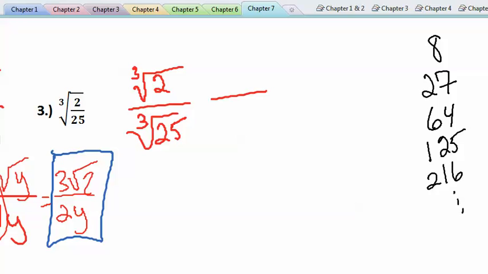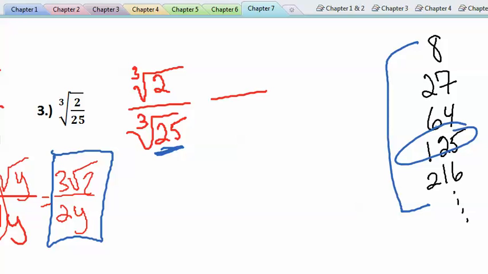We'll stop there, and you'll kind of get where I'm going with this. What I'm trying to do is see if there's any way that I can take this 25 and multiply it by a whole number to get a number on the list. Well, it won't go into 8, it won't go into 27 evenly, or 64, but it will go into 125.